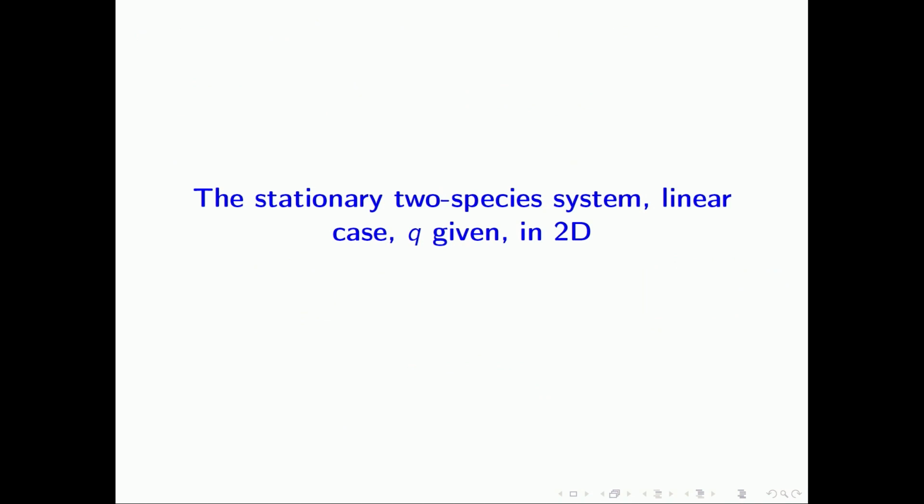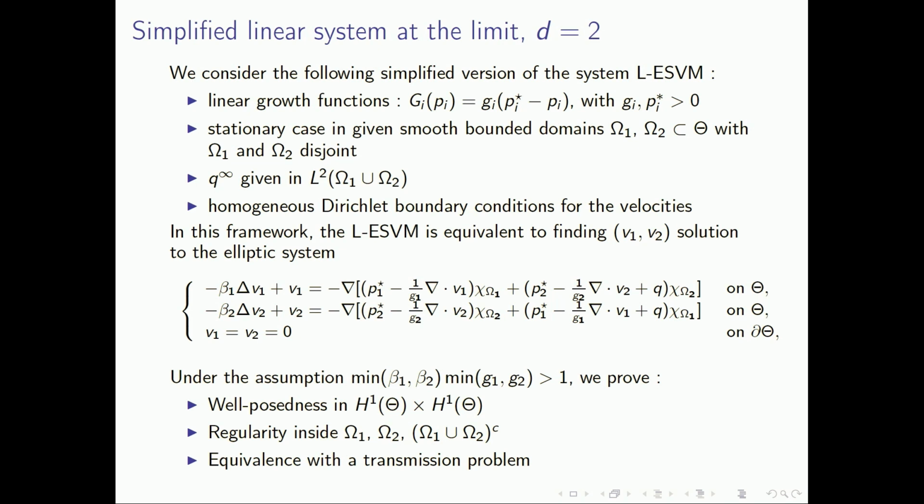Okay, now I'll give just a small hint of analysis of the limit of the solution. We will work in a simplified case, which is linear. To simplify, I take a growth function that is linear and strictly decreasing. I look at the stationary case.